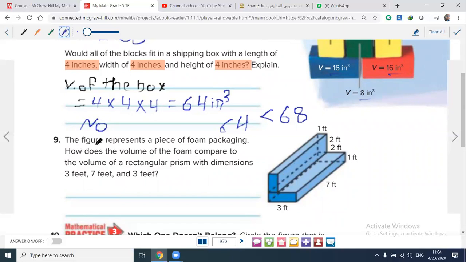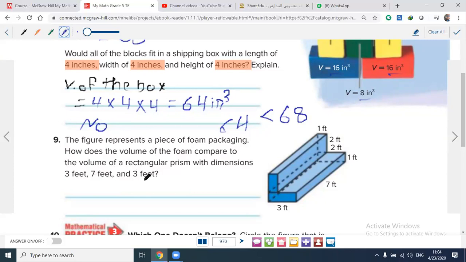Can you read me, Shari? The figure represents a piece of foam packing. How does the volume of the foam compare to the volume of the rectangular prism with dimensions 3 feet, 7 feet, and 3 feet?